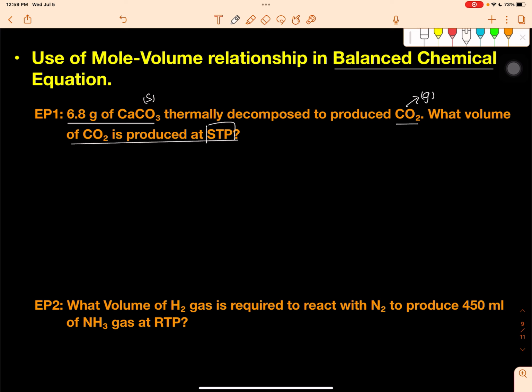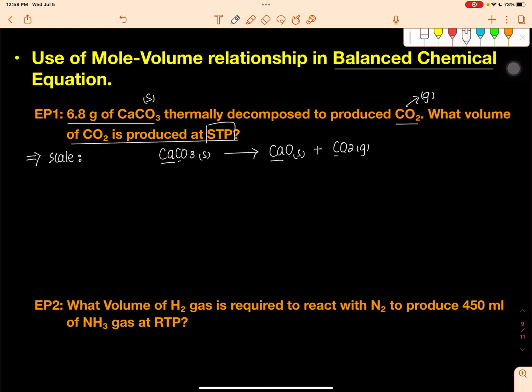First we need to find out the scale which comes from the balanced chemical equation. We have this calcium carbonate solid, which upon decomposition produces calcium oxide solid plus carbon dioxide. If you look at the number of atoms on each side of the equation, on the reactant side and the product side, we see that we have one calcium here, one carbon here, and 3 oxygens here and 3 oxygens here.